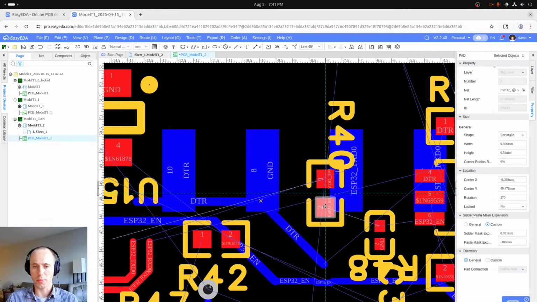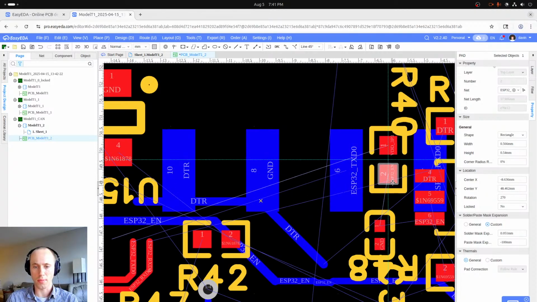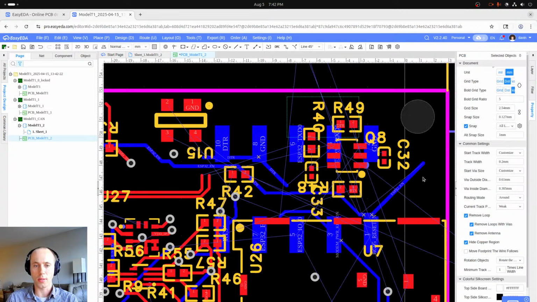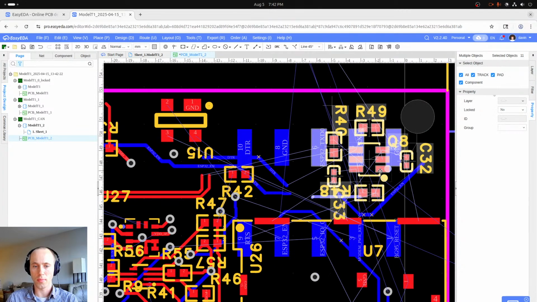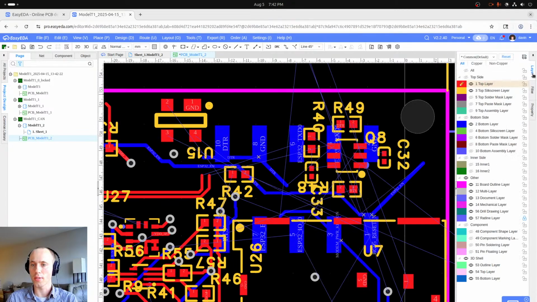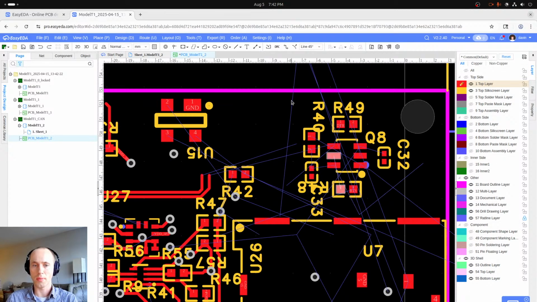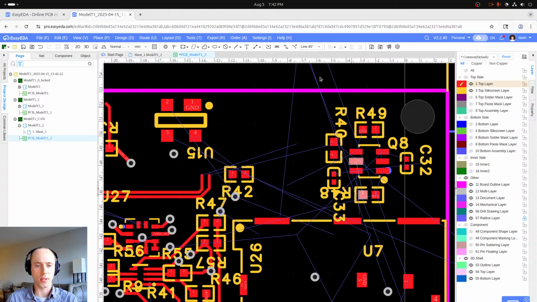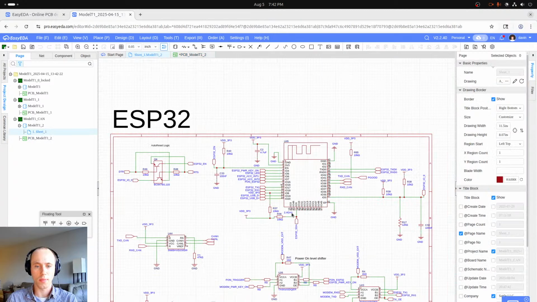Yeah, we can just put that as a pull up here or something. Okay, that's that circuit. We can move this off to the side. I don't want to select bottom layer. Move this off to the side. Okay, we have that circuit. Now let's move on.